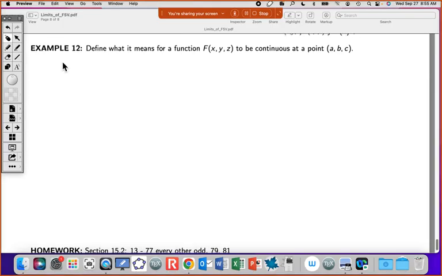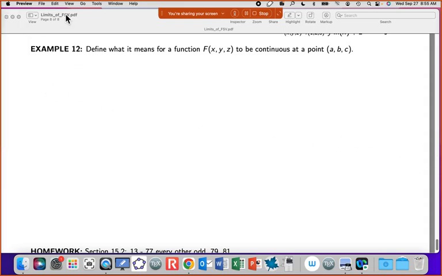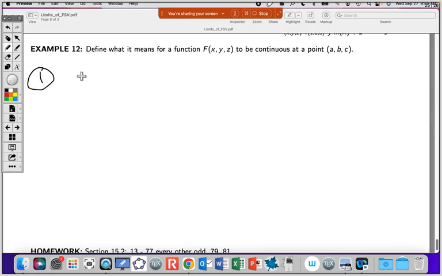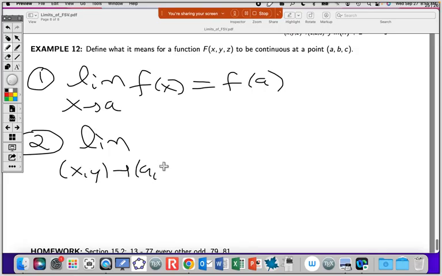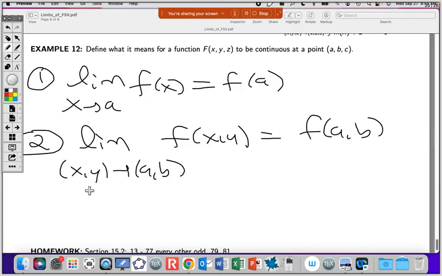What does it mean for a function of 3 variables to be continuous at a point? So once again, in 1 dimension, what does it mean to be continuous? The limit as x approaches a of f of x is f of a. You get what you expect to get. We just talked about continuity in 2 variables. You get what you expect to get. So what would be the difference here?